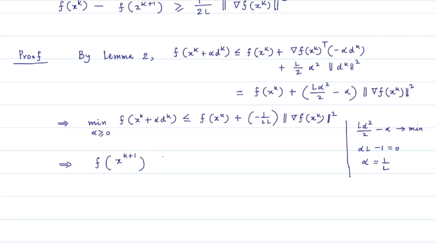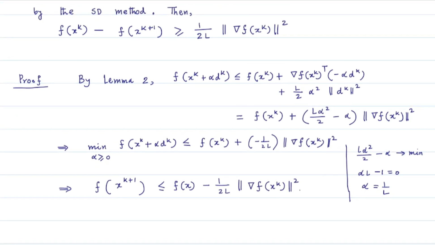So f(xk plus 1) is less than or equal to f(xk) minus 1 upon 2L norm of grad f at xk square. This is what exactly we have written in this inequality. So in one iteration of the steepest descent method, the function value gets reduced by at least an amount of 1 over 2L norm of gradient of f at xk square.